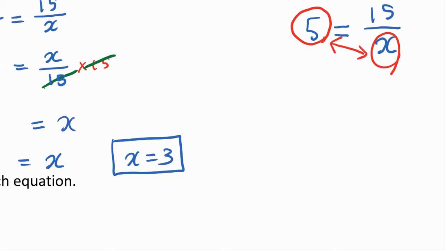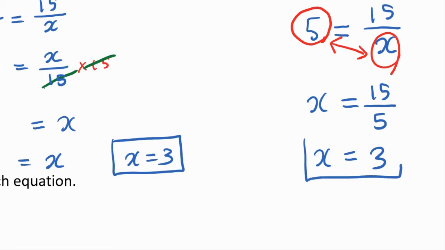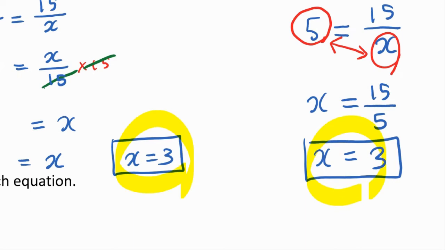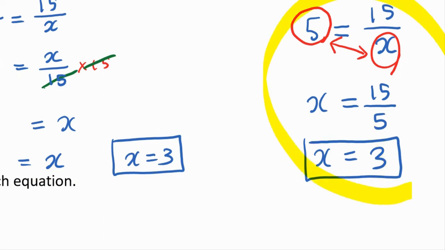When you switch it, you get x equals 15 over 5. What's 15 over 5? 15 divided by 5 is 3. So you get the same answer. Once you understand how to use this method, you may use the trick to solve this kind of problem.